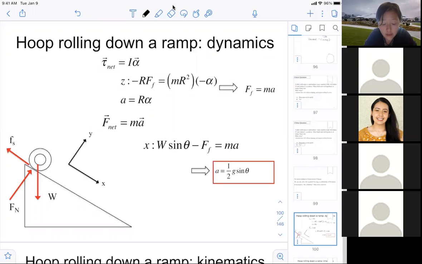We didn't talk about that explicitly, but to do a dynamics approach we have to be very explicit. So there's no kinetic friction, but there is static friction. You might wonder, why is this static friction? Isn't the object moving?